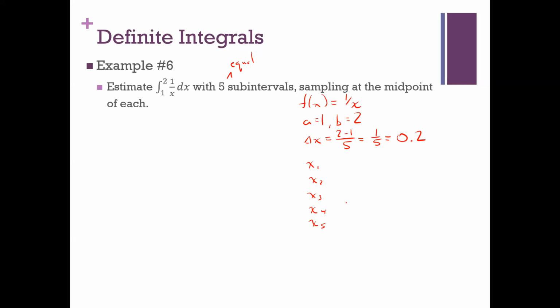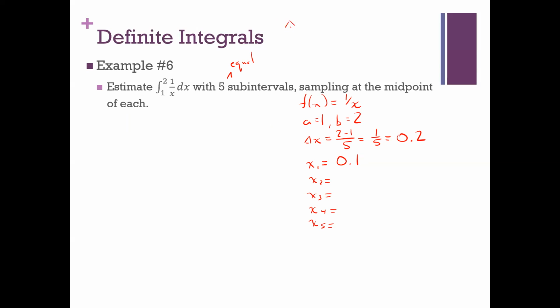So it's not about getting every endpoint involved. It's about getting 1 sample point per interval. So I want midpoints. Because I want midpoints, what is my first value of x going to be that I sample at? 1/10. How'd you get 1/10? Right. For the first one it's 0.1.